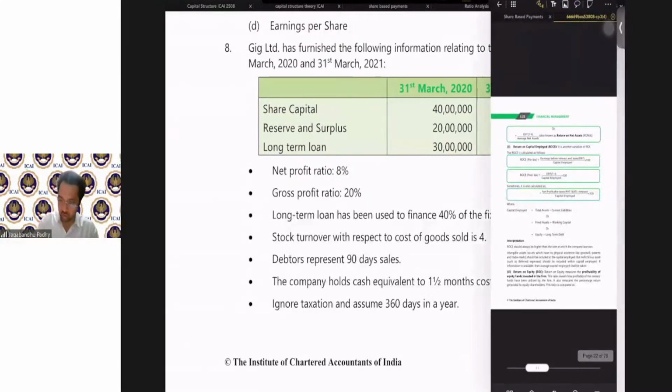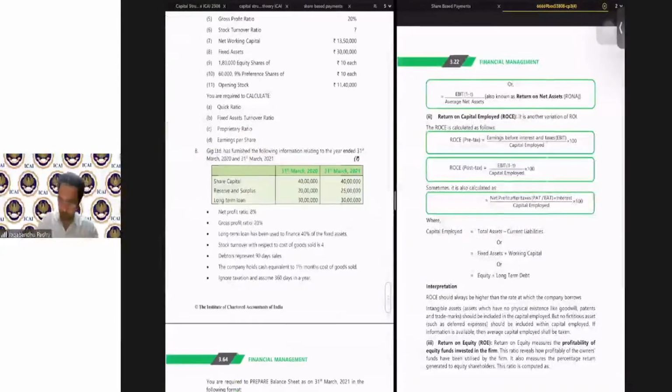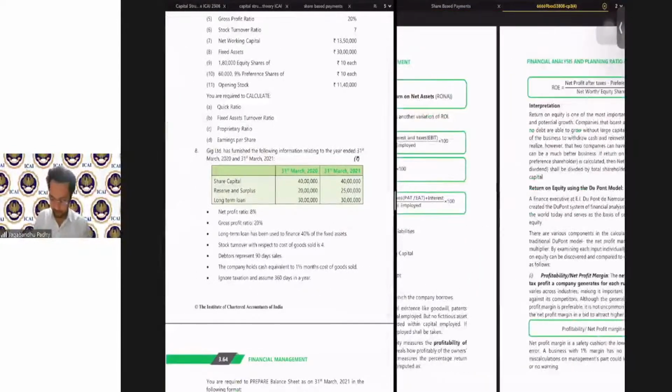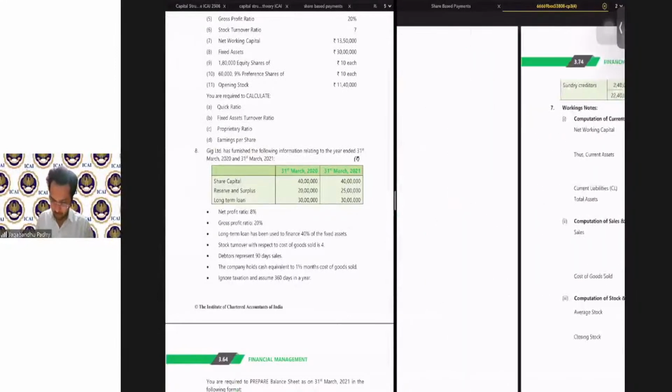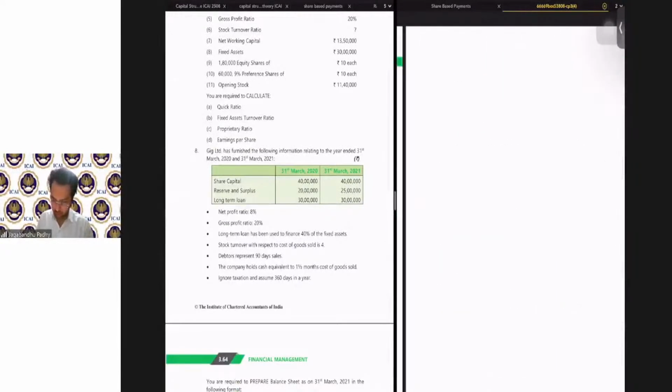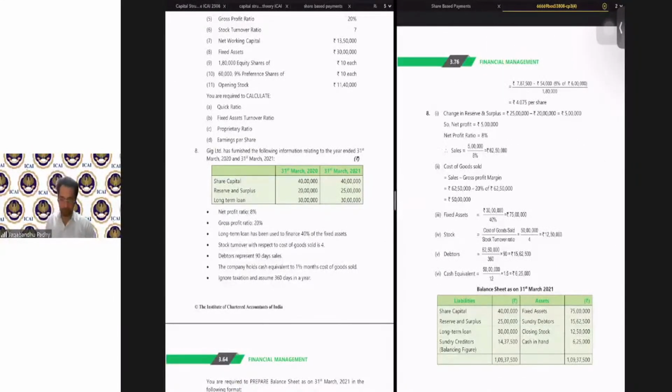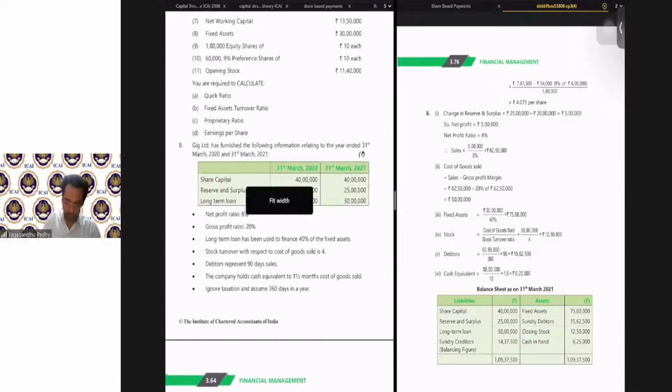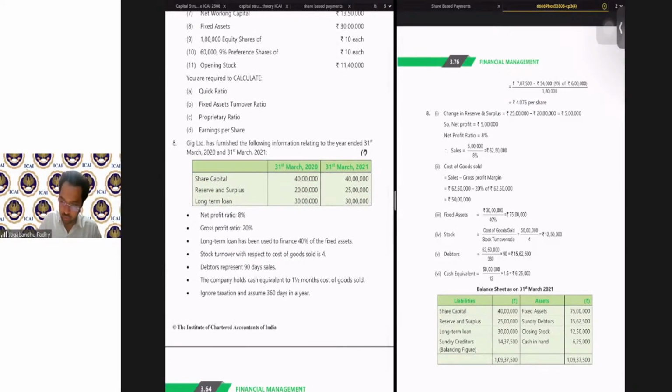If you look at the solution, practical question 8 solution will be over here. Net profit ratio is given as 8%.